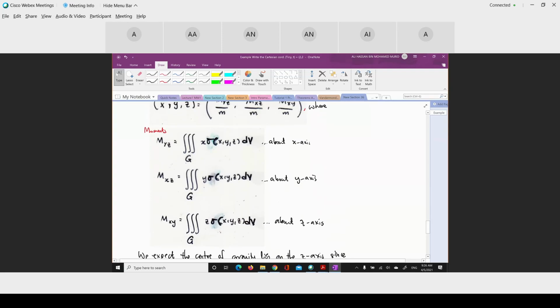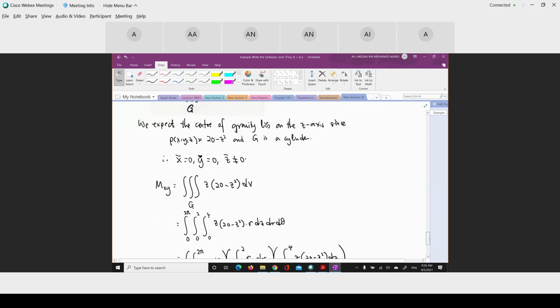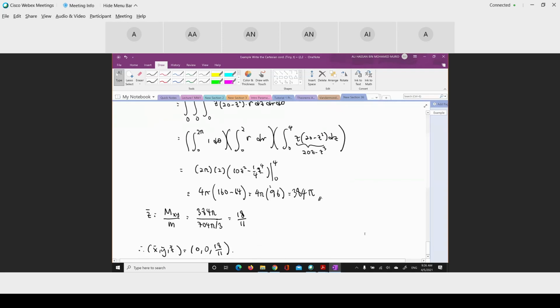I have already done the calculations for the first moment and the second moment, and both are equal to 0. But sometimes the values can be determined by inspection.